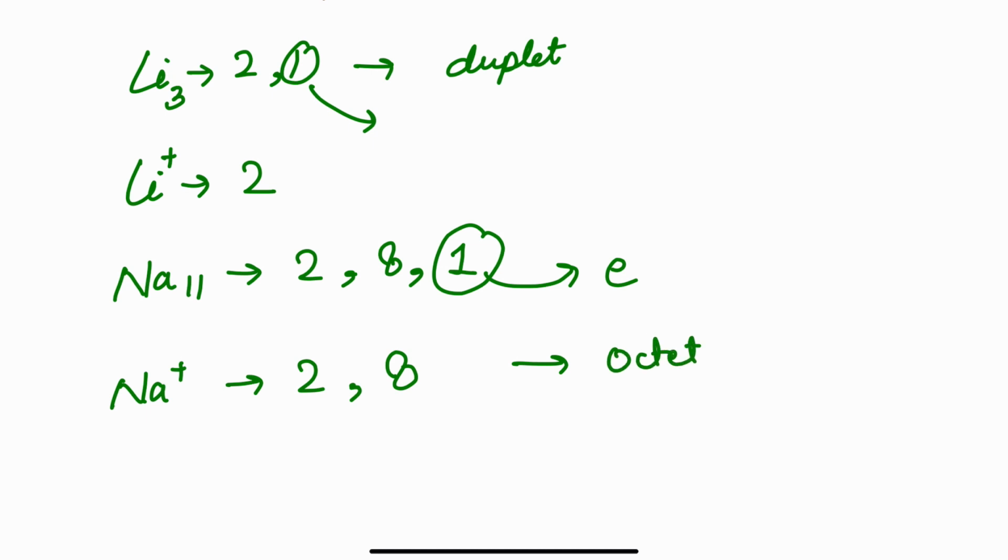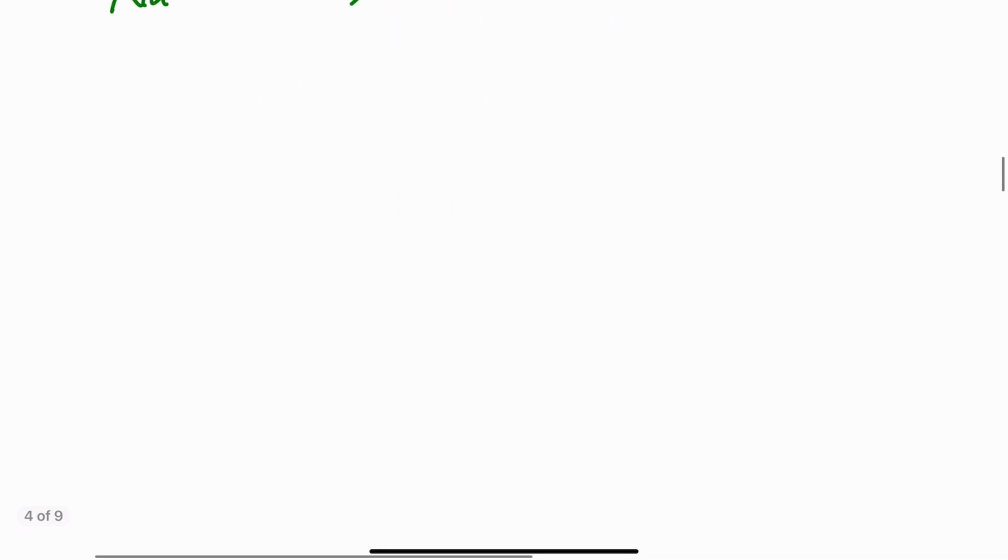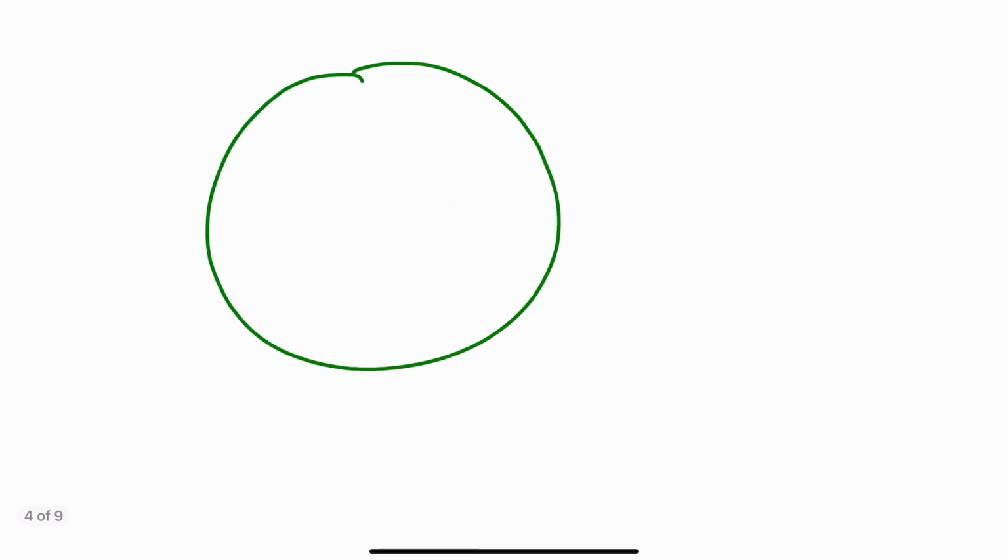Now tell me, why are we writing positive if the electron is being lost? In a particular atom, protons are in the nucleus, so the proton is not being exchanged. In chemical reactions, the loss and gain will always be of the electron, not of the proton.